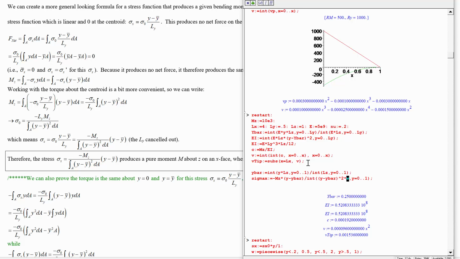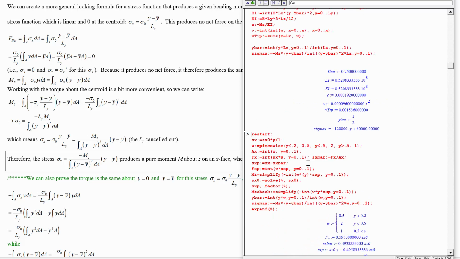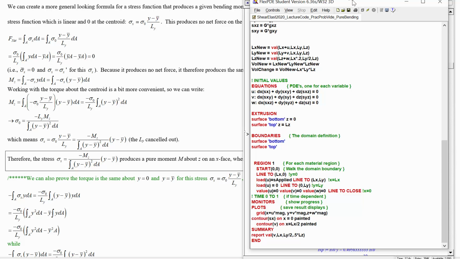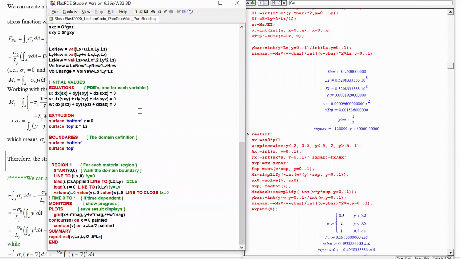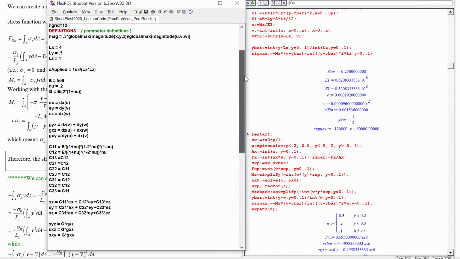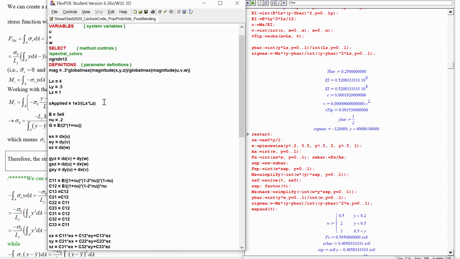I believe we should have it. So let's see, sigma x, according to this, should be negative 120,000 y plus 60,000. So let's take our FlexPDE code and apply that as the applied stress on this surface.